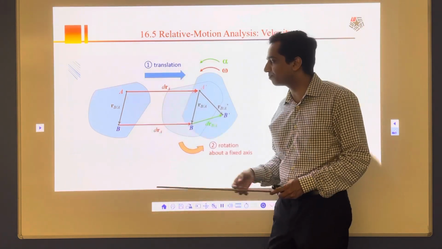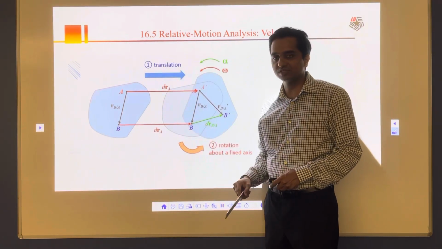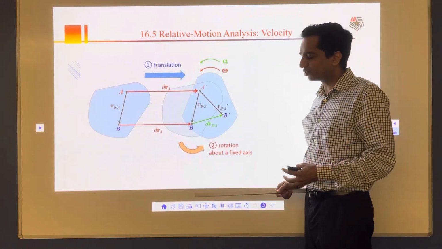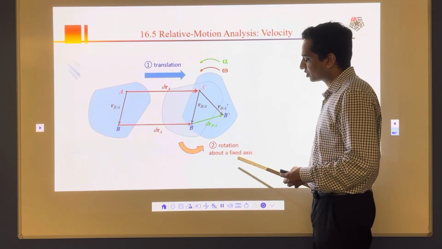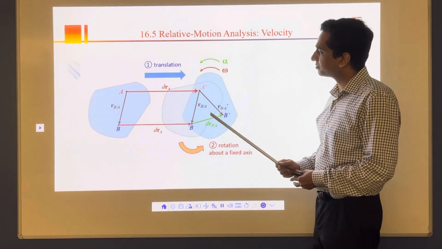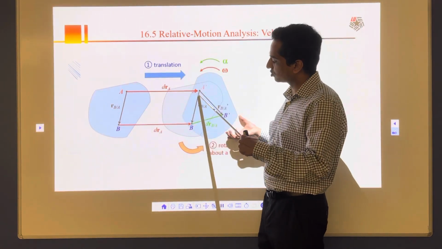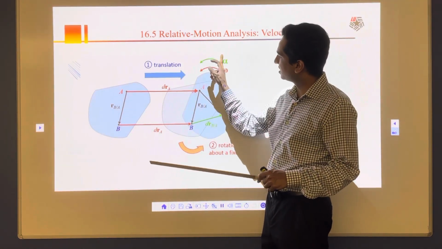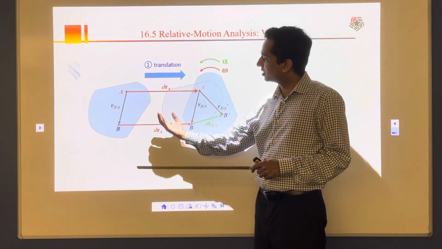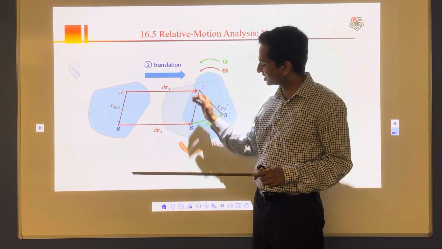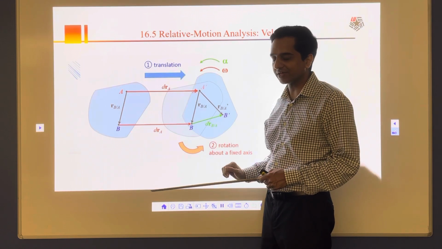This is a two-step motion. First step, translation, and then the second step I assume as rotation about a fixed axis. So I assume that it came here and then at axis A it rotated with omega and alpha. So the motion is translation plus rotation altogether.